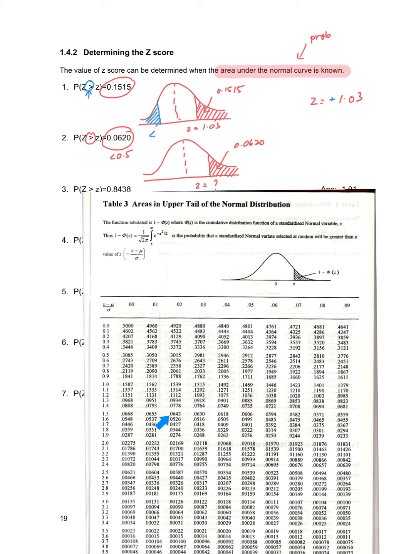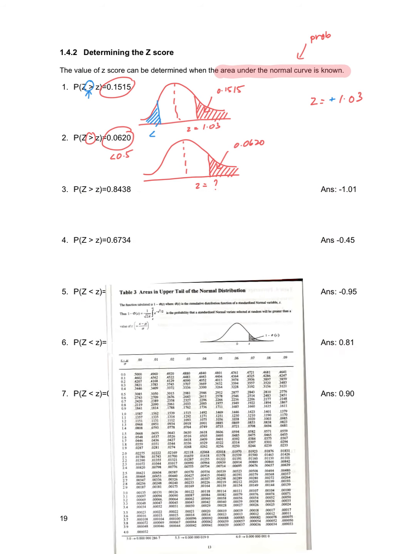So Z dia adalah 1.54. Kita boleh ambil the nearest value lah. The nearest value is 0.0618, meaning that the Z is 1.54. So the answer is Z equals to 1.54.